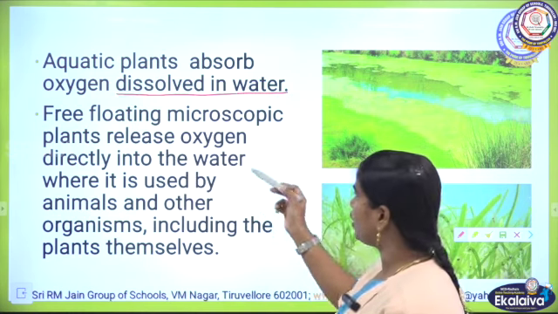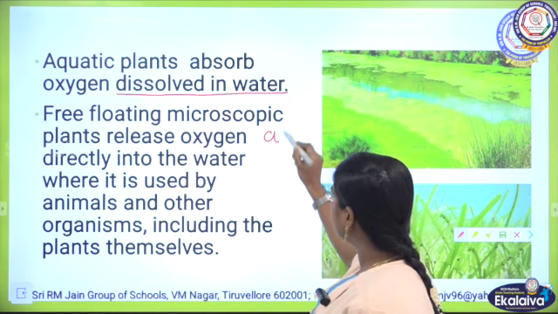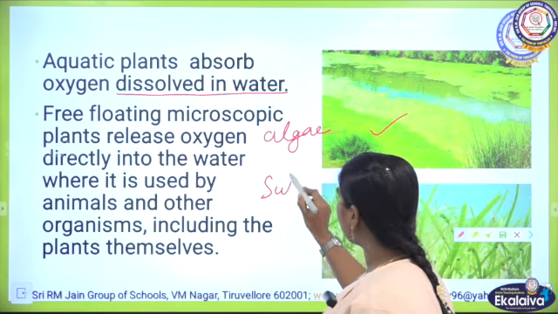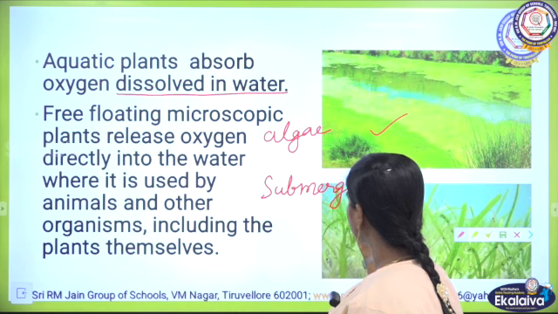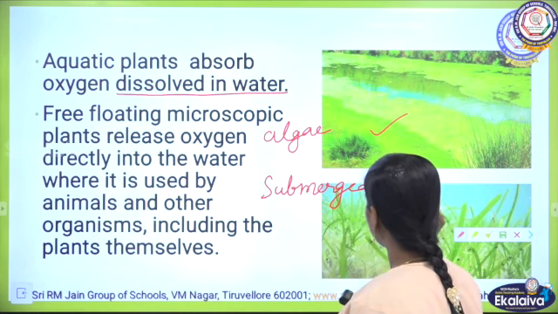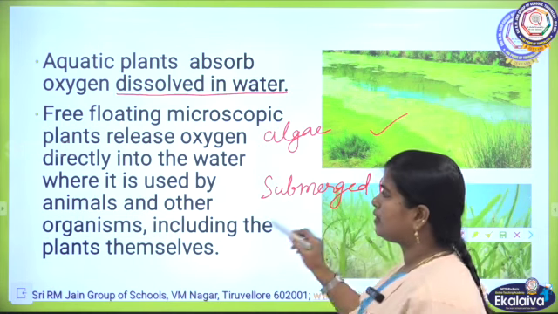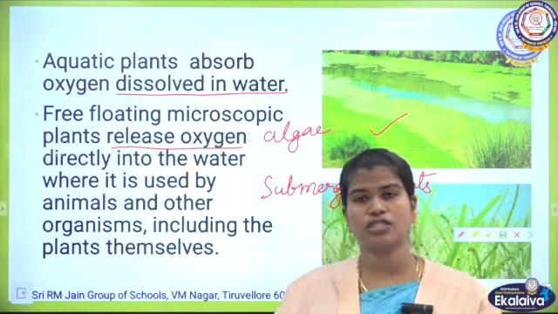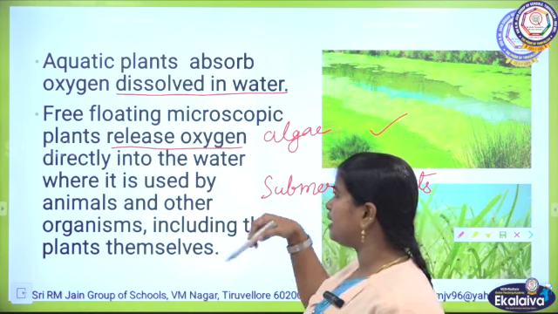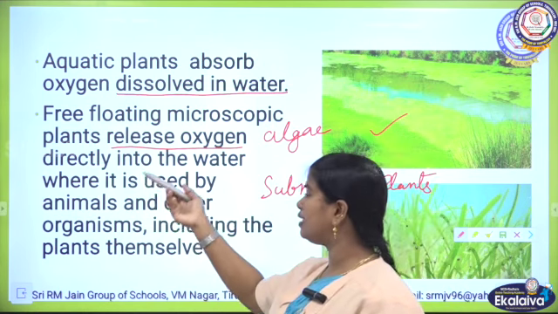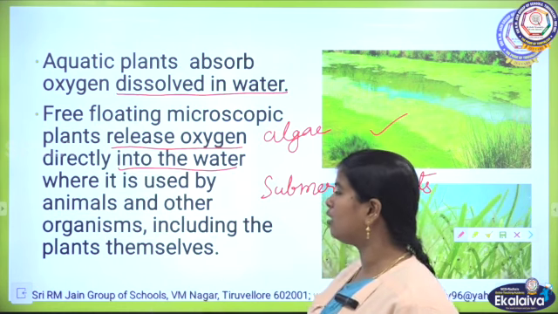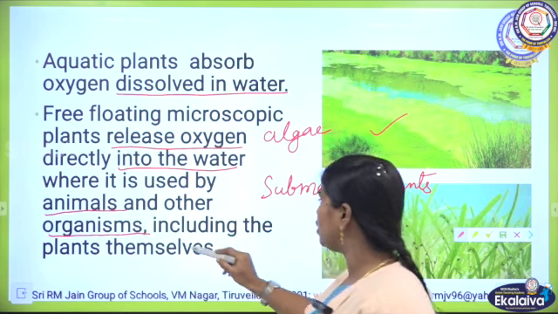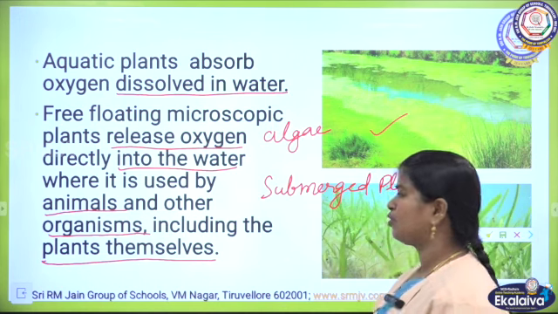Free-floating microscopic plants like algae, and also some submerged plants, release oxygen during photosynthesis. They release the oxygen directly into the water, where it is used by animals and other organisms, including the plants themselves.